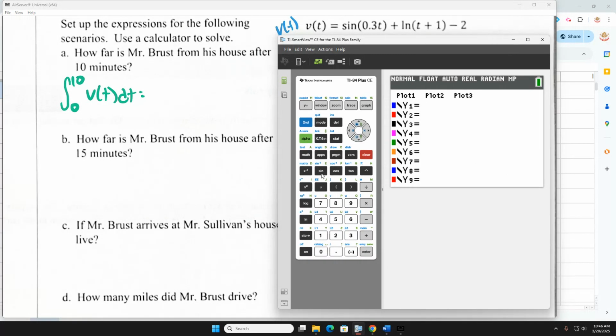I forgot how to do natural log. Okay, ln is right beside 4, or thereabouts. Oh, I see.